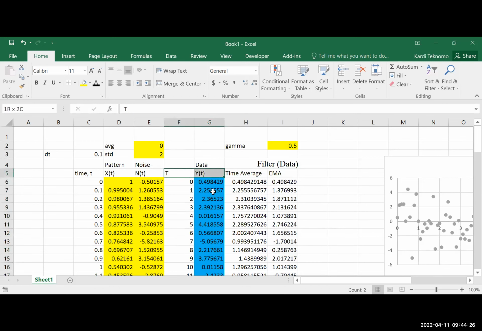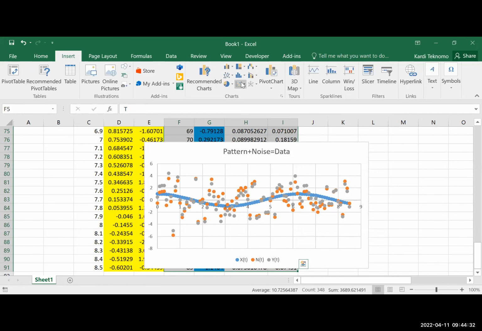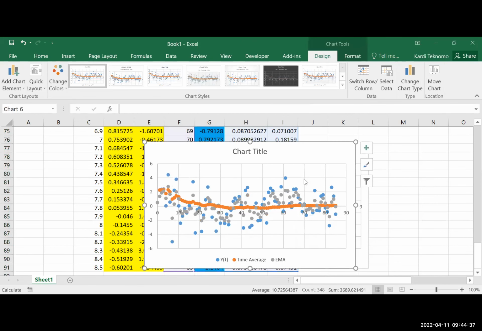So now let's plot again and create a plot. I don't need the time average, but anyway, I will just compare.